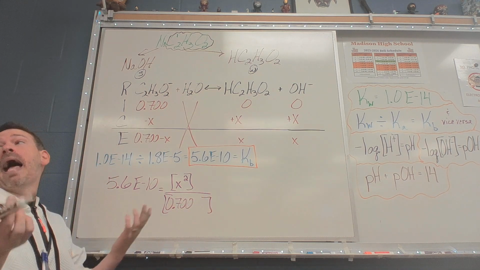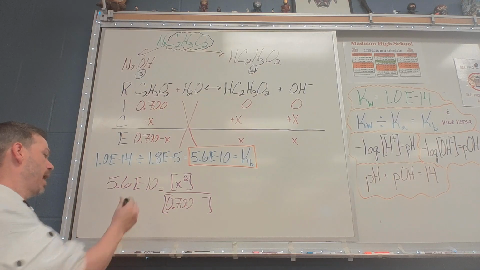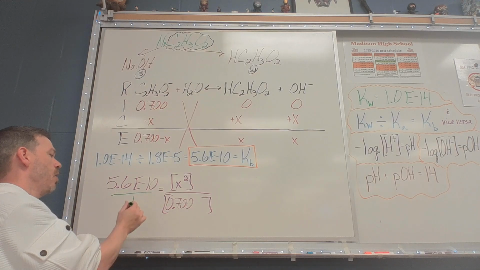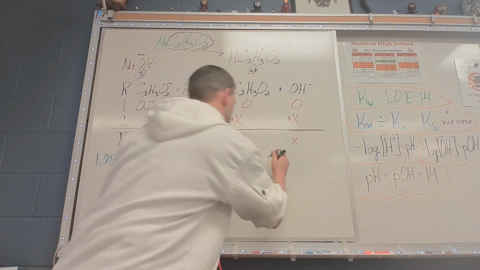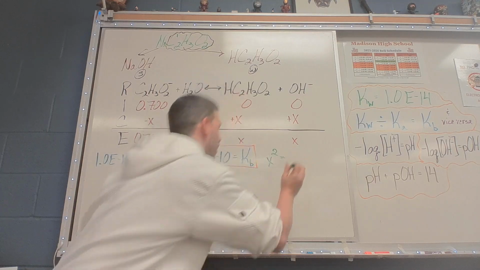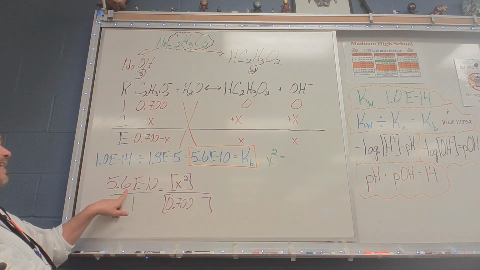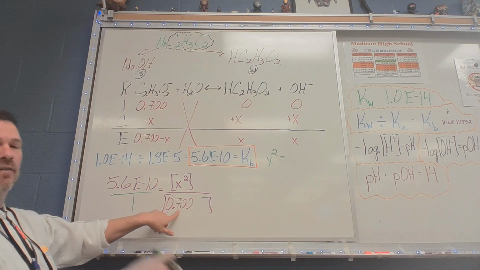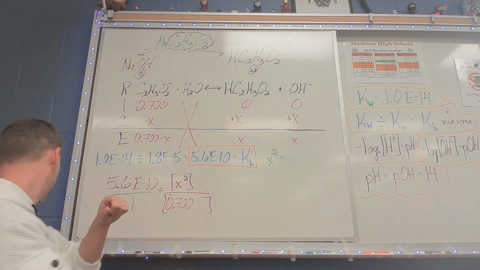And now the math is much simpler, right? So we can imagine this over 1. 1 times X squared would be X squared. 5.6 e negative 10 times 0.7. We'll have to find that value.